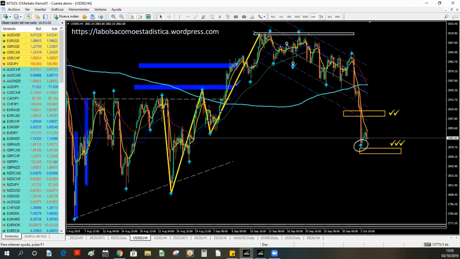Okay, if you want, we can begin with your indexes, with S&P and Dow Jones. We have now at 10 the data from the Institute for Supply Management, the data of the manufacturing activity. The previous data last month was the lowest level in 10 years.